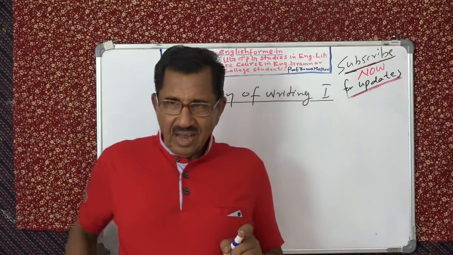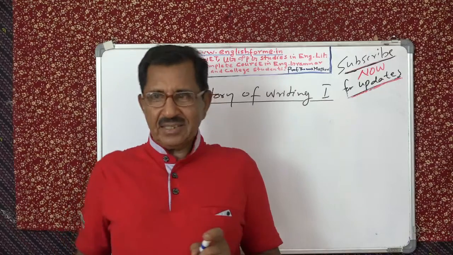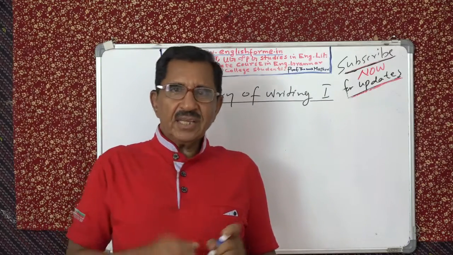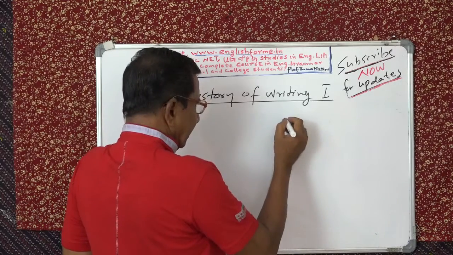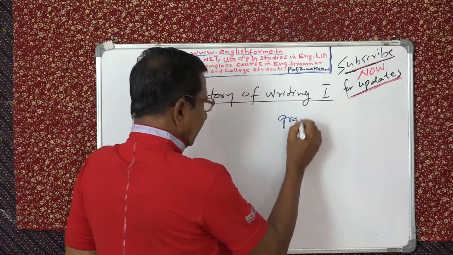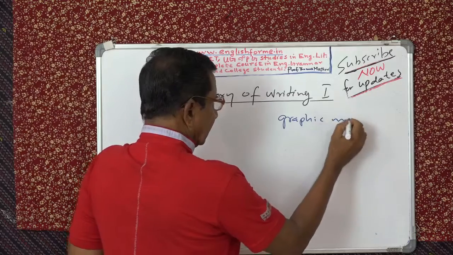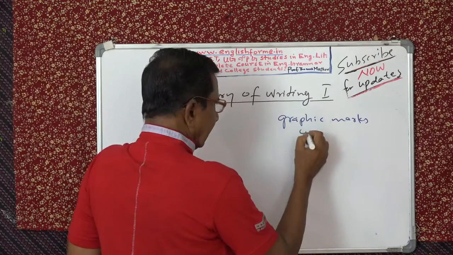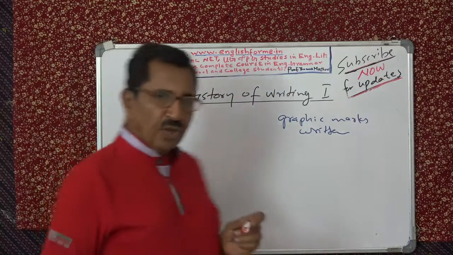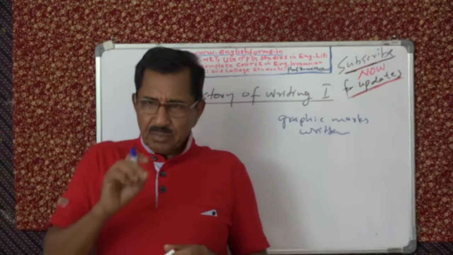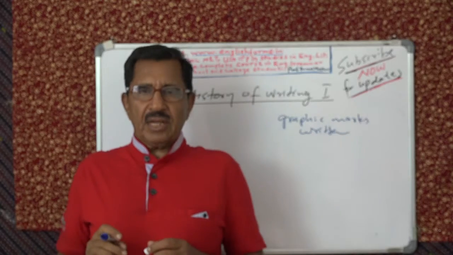Science uses graphic marks, written marks, that's all. What is writing? Writing is graphic marks, written marks, representing a unit of a specific language.